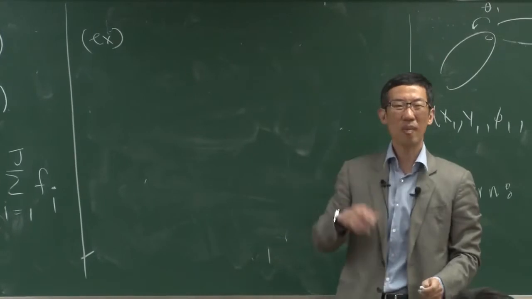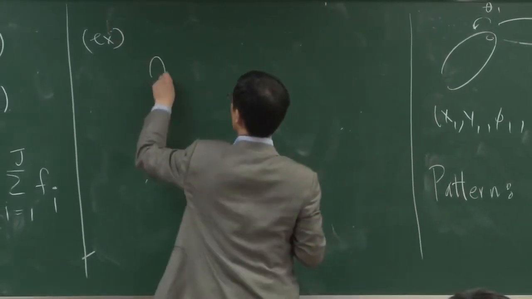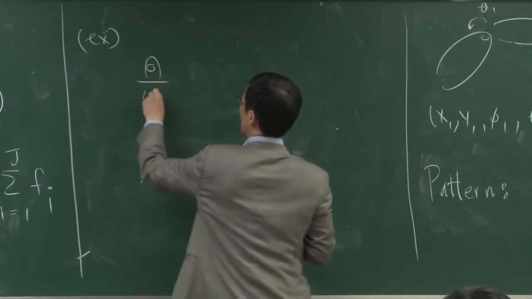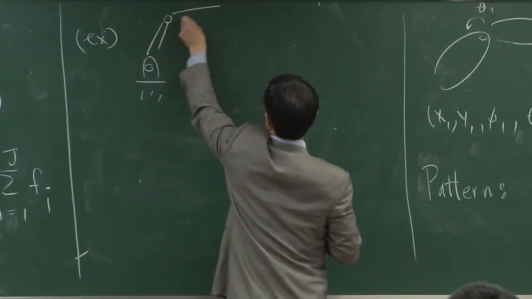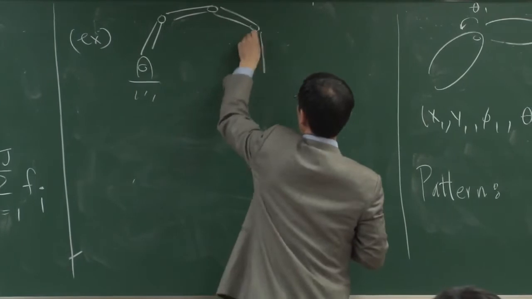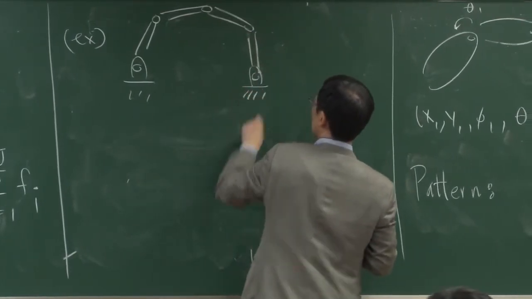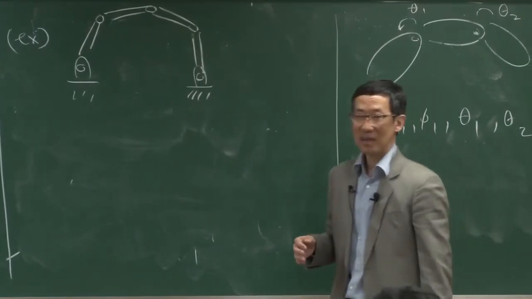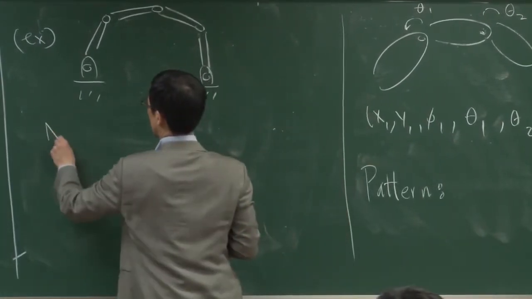Well, the 4-bar linkage we already did, so let's do the 5-bar linkage. I'm going to add one more link in this structure. Let's now count the number of links.